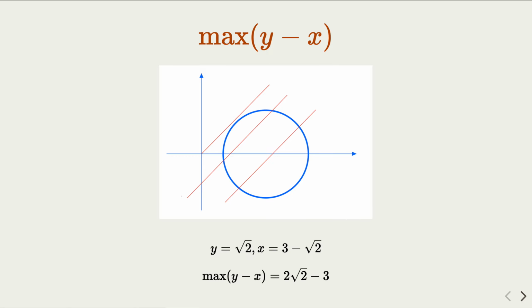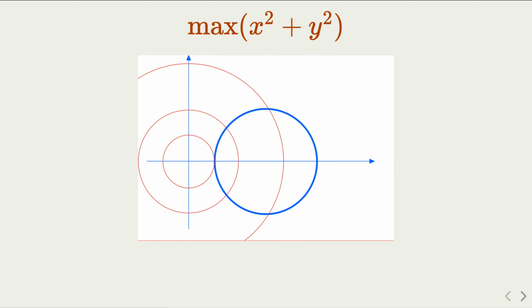Okay, the third case, we try to maximize x squared plus y squared. What is that? Again, the circles in red represent x squared plus y squared equals certain values. And again, the extreme value happens when the two circles, the red and the blue, touch each other, right? In this diagram, we have shown the minimum case, but of course, we try to find the maximum case.